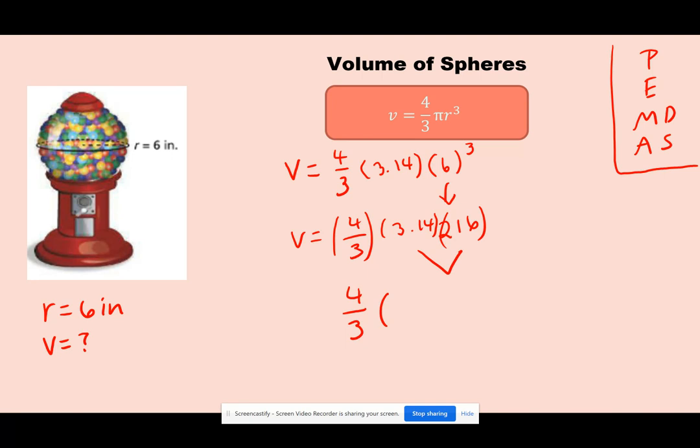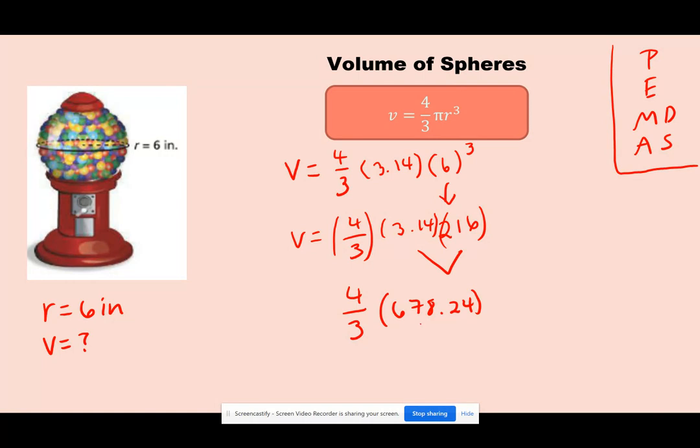All right, 3.14 times 216, that is 678.24. Okay, so again, if you want to put in the calculator, you can put 4/3 in parentheses, or you can do 4 divided by 3, enter, times 678.24. Whatever works for you.